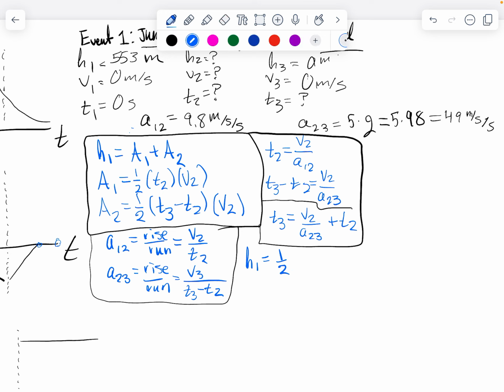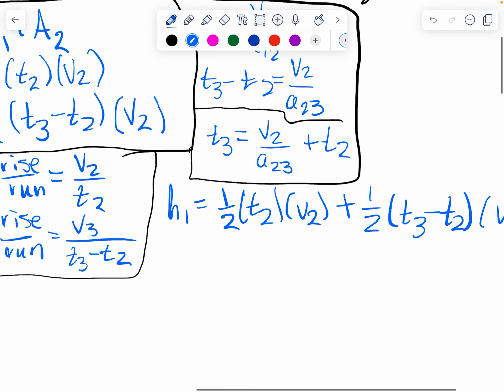So here when we have base, right, or I mean area, we have 1/2 times base times height, which is going to be, so we're going to do A1 1/2 times T2 times V2 plus 1/2 times T3 minus T2, because we're now on A2, times V2. Awesome. So now what? Well, we know T2, right?